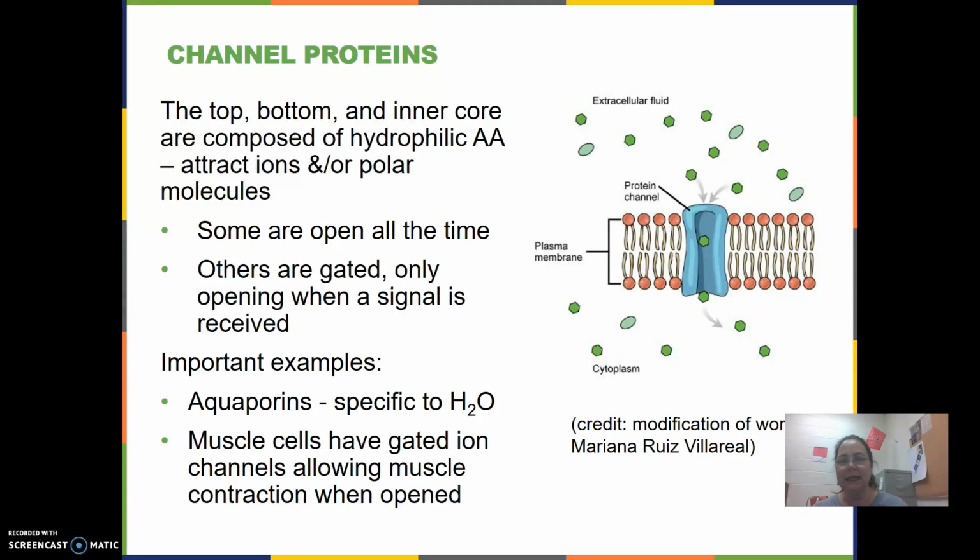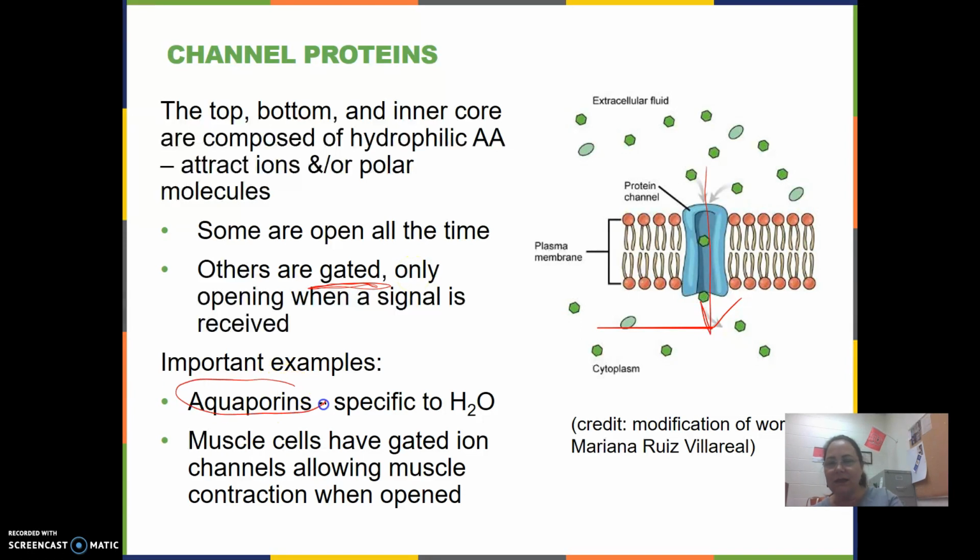Channel proteins have a pore so that the substance can simply diffuse through that pore or that channel. Some channel proteins are open all the time, others are gated. They have a gate that requires some kind of signal to open that gate.